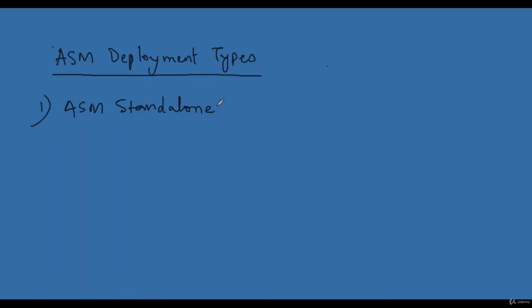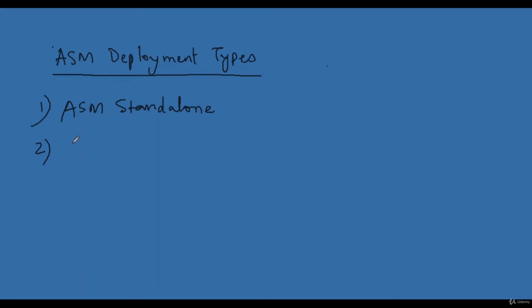They don't want a load balancing feature along with ASM. So in those scenarios, we have LTM implemented separately and ASM implemented separately. So when you have a single appliance only with the ASM module, we call that ASM standalone deployment.